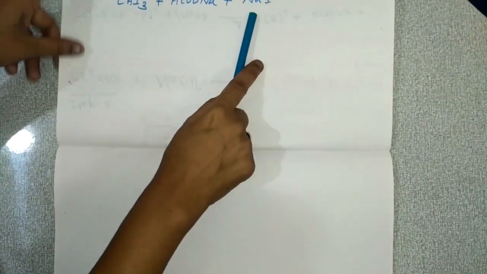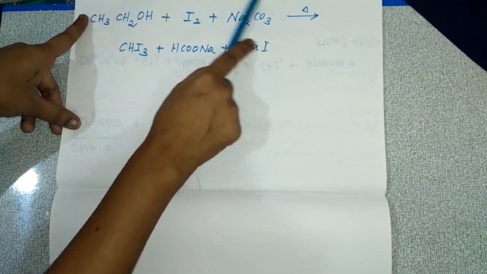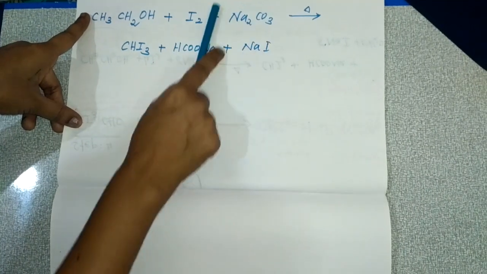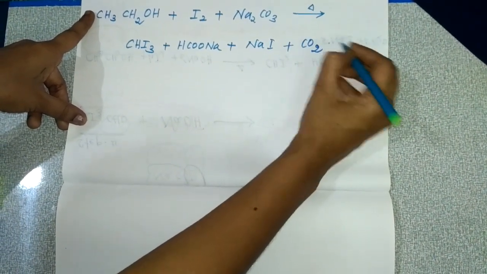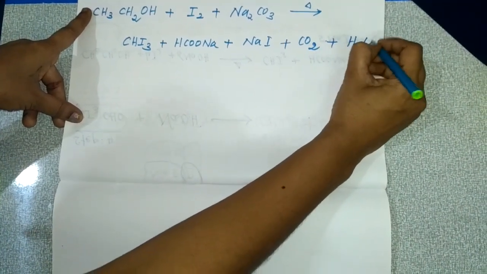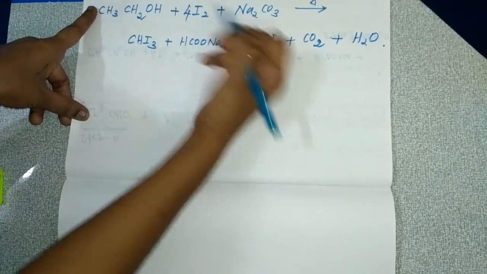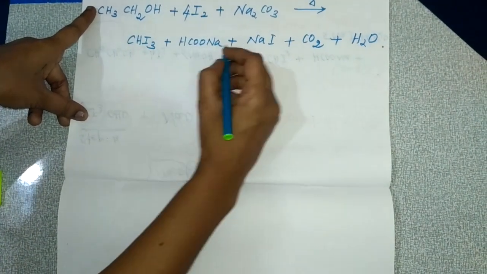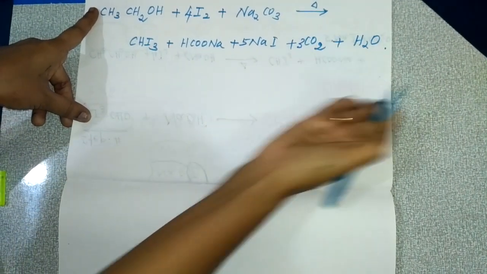Here also you will get water with carbon dioxide, because if any carbonate reacts, definitely the gas evolved will be carbon dioxide and water. So here also you can balance this equation: 4I2 and 5 NaI with 3 CO2.